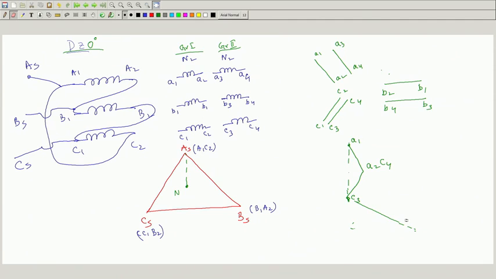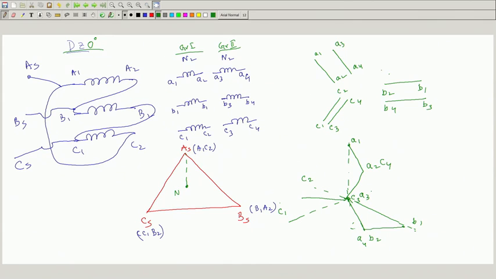Here I would like to have B1, so I will sketch B1 first, horizontal here, B1, B2, and then A like this. And what is this voltage? A4, A3, and finally you can sketch it like this. This is A1, this is B1, and this is some C phase here.